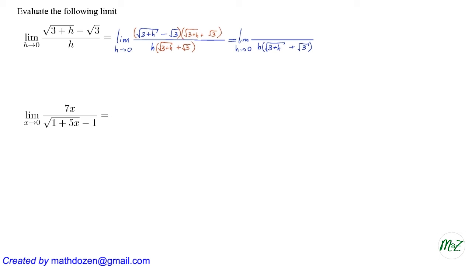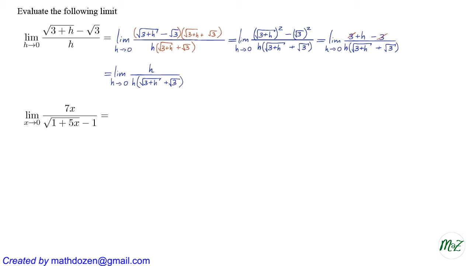In numerator we're going to have the square of the square root of 3 plus h minus the square of the square root of 3. So square root squared cancels out, and we have the limit as h approaches 0 of 3 plus h minus 3, and 3 and minus 3 cancel out. So we have the limit as h approaches 0 of expression h divided by h times the sum of the two square roots.